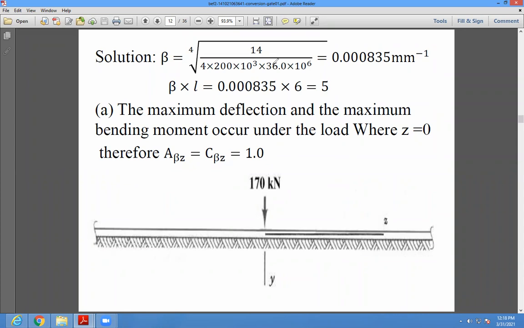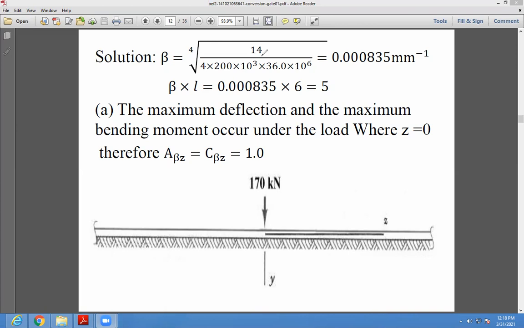Is it correct? Please do the calculation and check.